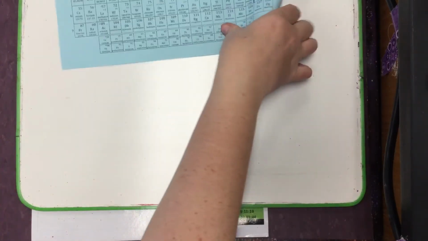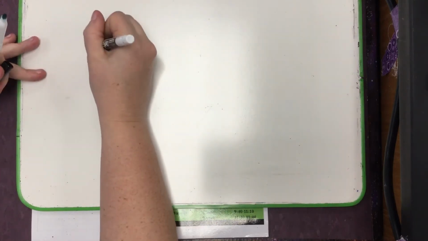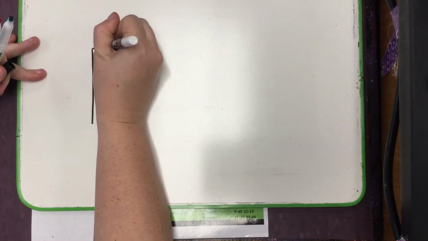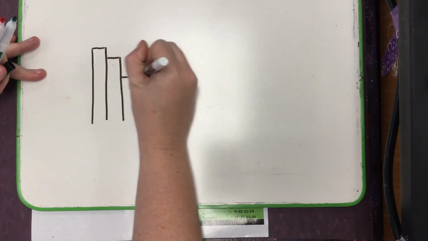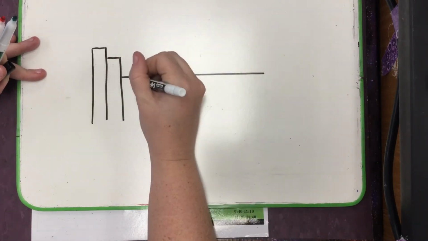So you can very easily sketch out a periodic table and use the periodic table to determine the number of valence electrons and the number of unpaired electrons.